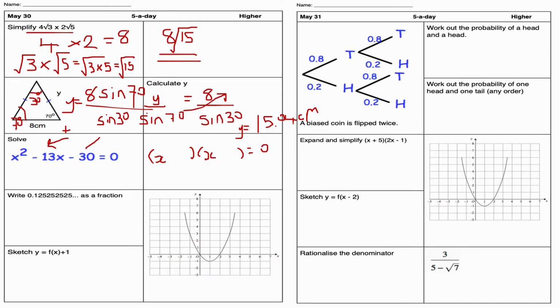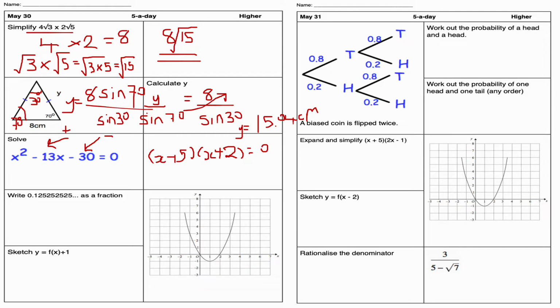So I look at the factors of 30. Now you might have spotted it straight away, so it's going to be minus 15 plus 2, because minus 15 plus 2 is minus 13, and negative 15 times positive 2 is negative 30.